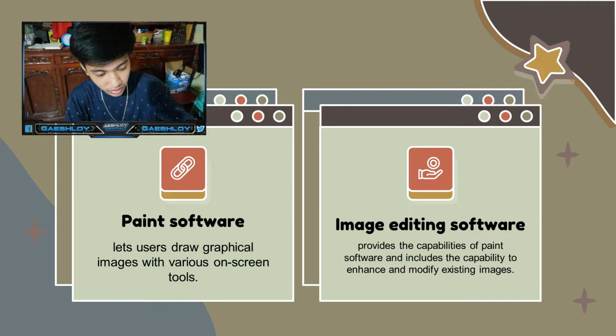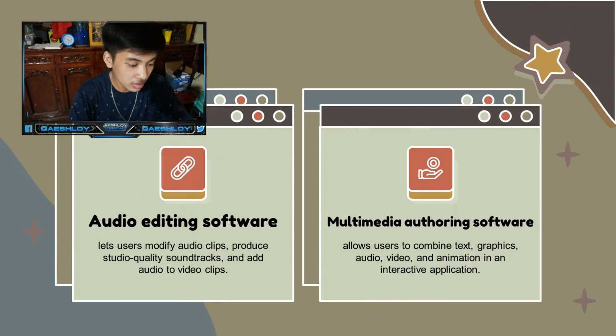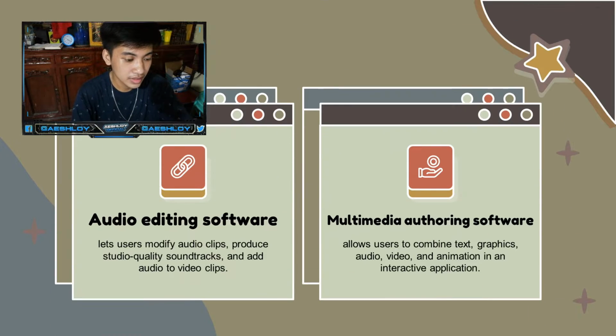An example of this is Adobe Photoshop. The next one, professional photo editing software, allows high volume digital photo users to edit and customize digital photos. Then video editing software allows professionals to modify segments of a video.